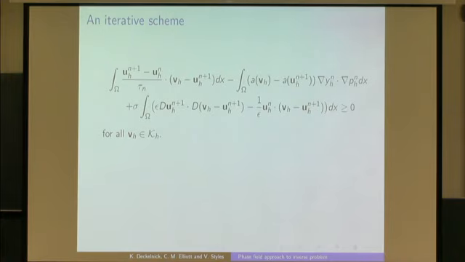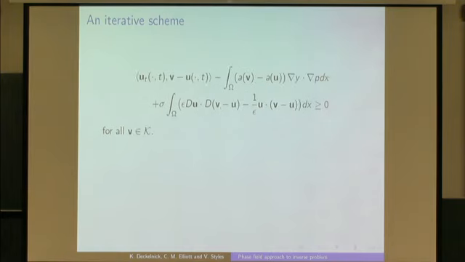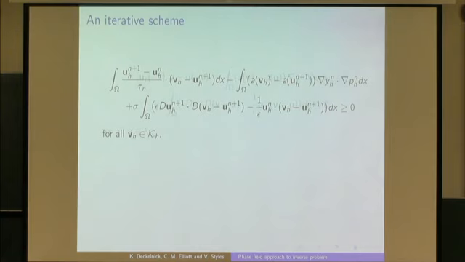The first term is the approximation of the time derivative, and here you see, maybe I can go back, there was v minus u, then there are the other terms, and now you have to make a choice. Where do you evaluate the variables? You can evaluate them at level n plus 1 or at level n, and you have something implicit or explicit, and this is the choice we made.